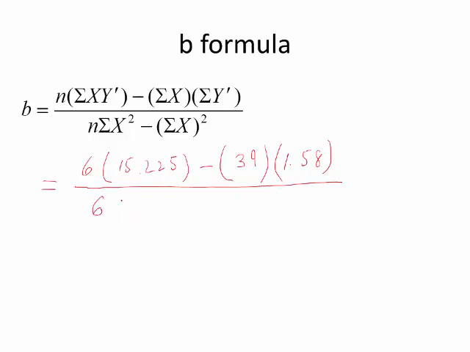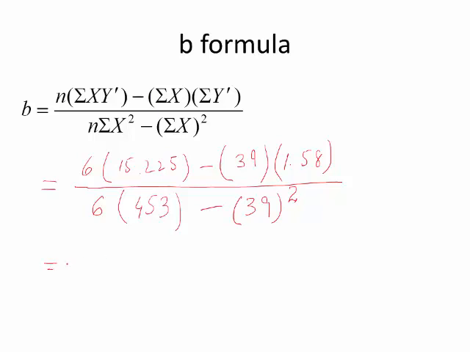Here n is equal to 6 and sum of x square was 453 minus sum of x whole square, 39 squared.